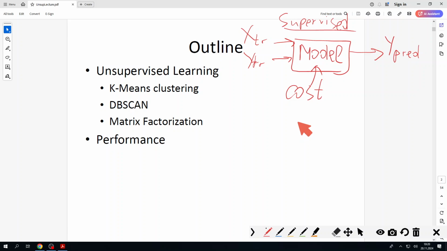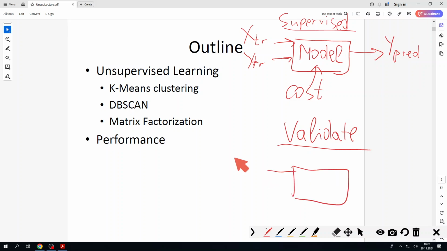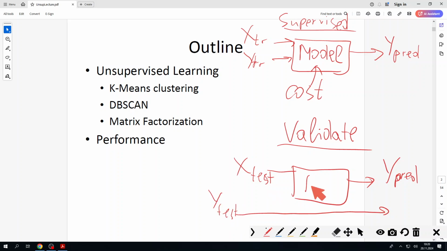Then, if you want to, you can validate this model by feeding the test data and predicting Y predictions. Without specifying the Y test data to the model, it doesn't go here, as you can see, you then make an accuracy estimate, or precision, or any other metrics for that matter. That's how it was working in supervised methods.